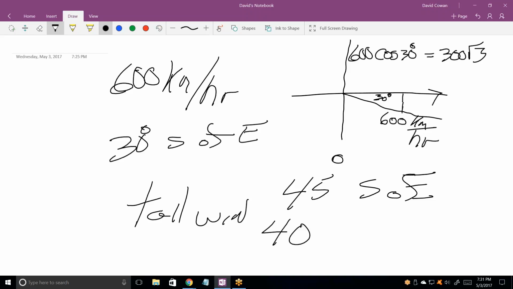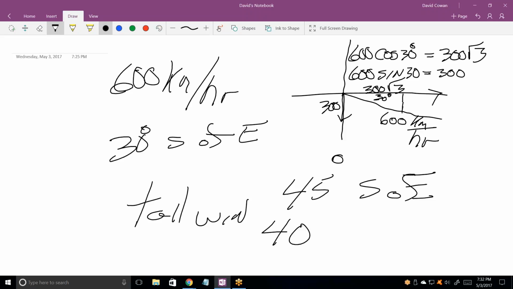So that's its horizontal component, and it's in an easterly direction because it's positive. Now, the vertical component is 600 times the sine of 30 degrees, which is just equal to 300. So this plane is the equivalent of two separate vectors, one was this and the other was this, and you added them together, you would get our plane's vector. Right.